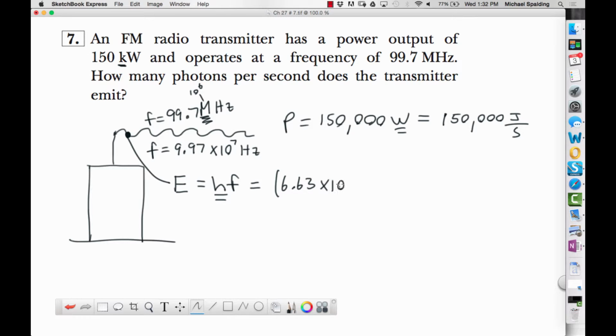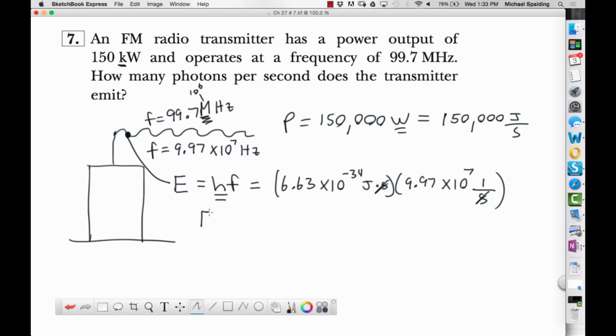6.63 times 10 to the negative 34 joule second. And then we multiply by our frequency, which is 9.97 times 10 to the 7th hertz. Now, what's a hertz? 1 over a second. You guys are smart. So instead of hertz, we could just write 1 over second, and then the seconds cancel.